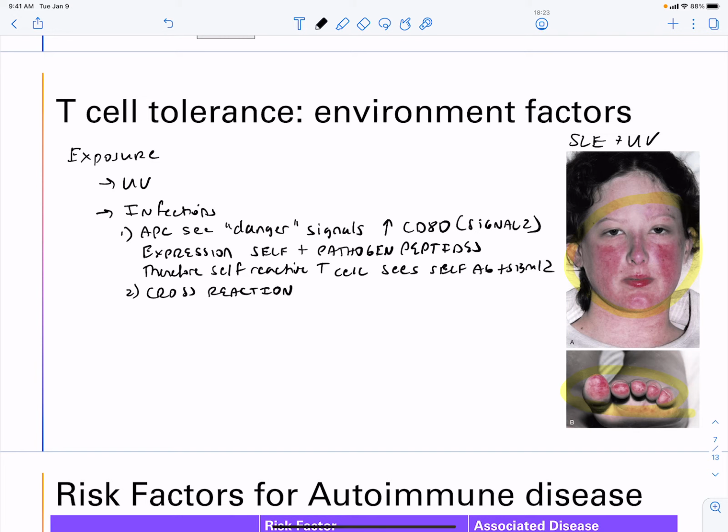And this is where you have something called molecular mimicry. And this is where you have an antigen from a pathogen that looks similar to a self-antigen. An example of this is going to be acute rheumatic fever. And this is caused by strep infection.